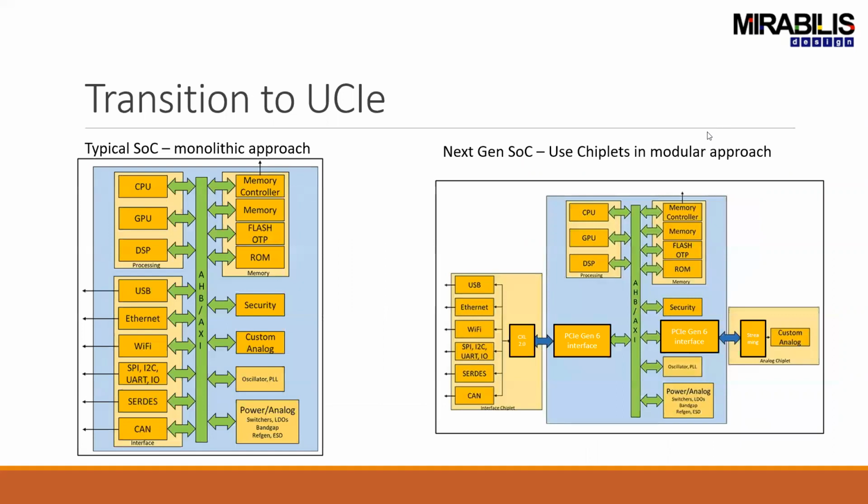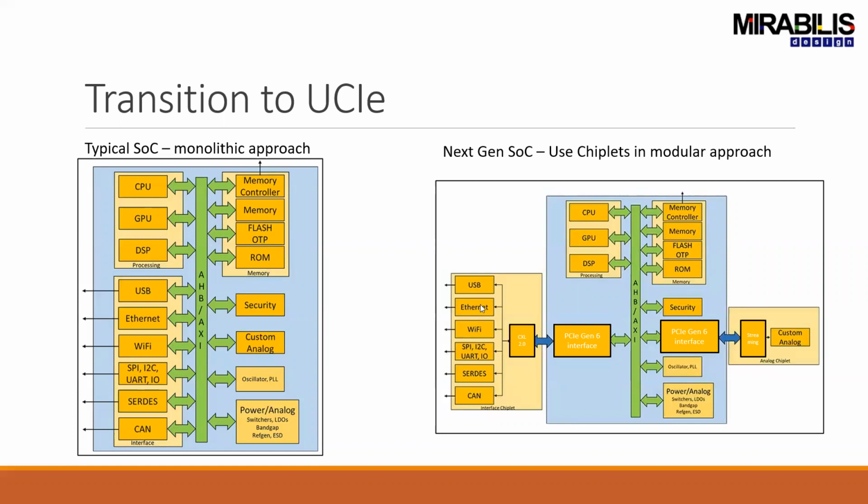Now, what does the transition from monolithic SoCs to UCIe look like? For example, you could have an AXI bus, or say a network on chip, or any other, or a token ring type architecture, with all the devices connected with a single area where the actual memory itself is located.